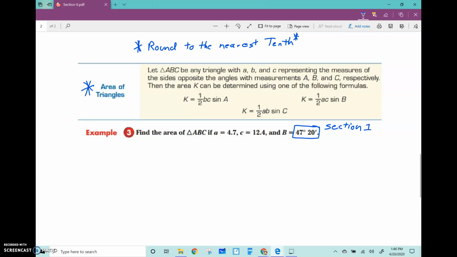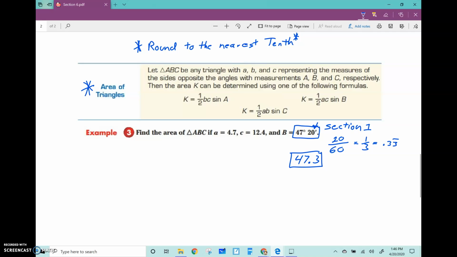And what we did was we took this 20 right here and we divided it by 60 because there's 60 seconds. Okay. And we ended up with 1/3, which is also the same as 0.33 repeated. Okay. So I'm going to rewrite 47 degrees 20 seconds as 47.3.